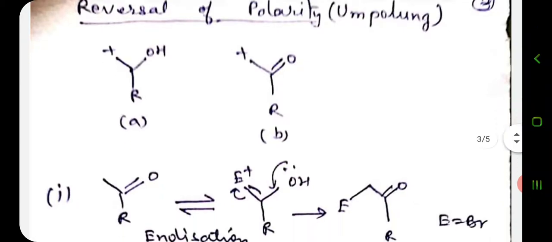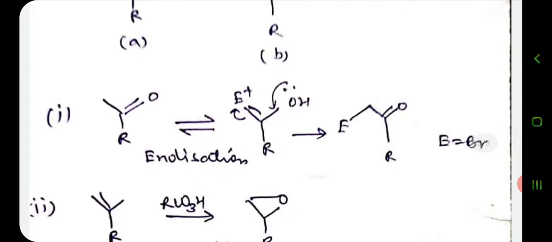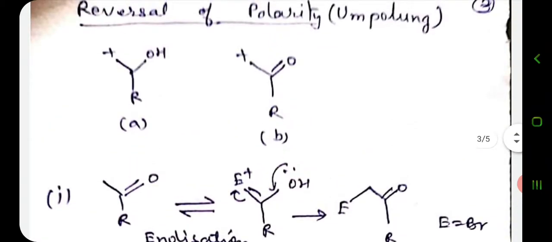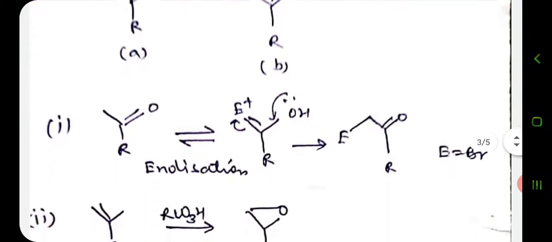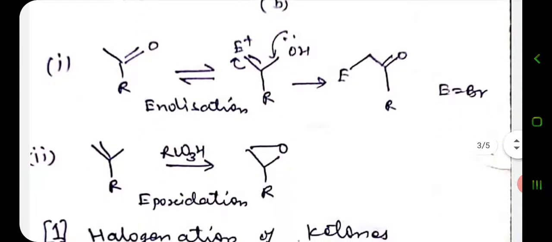We can explain with examples. When these atoms marked plus in A and B are easily made nucleophilic, that is, they react with electrophiles.